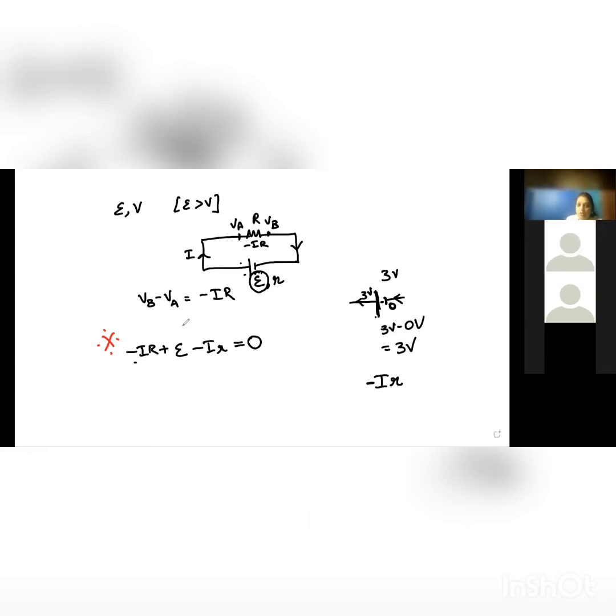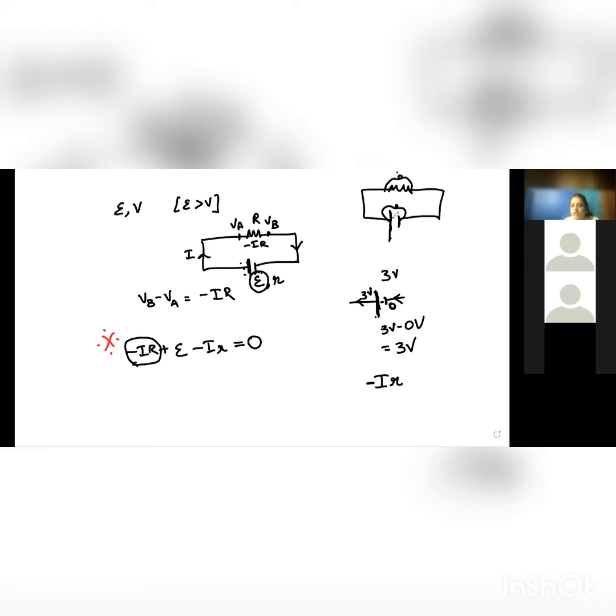Okay. So now we will continue further, rearrange the terms. You're going to get I into R. I into R is nothing but the potential drop here, because we are having only one component in the circuit, and the potential drop across this component will be the potential drop across this.